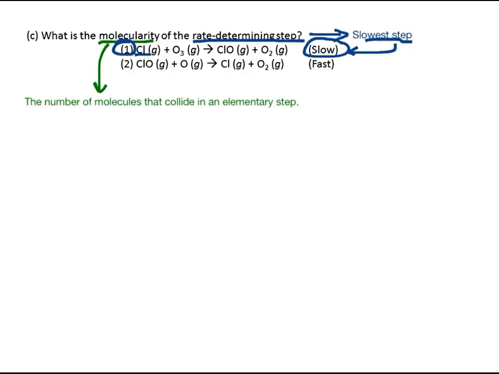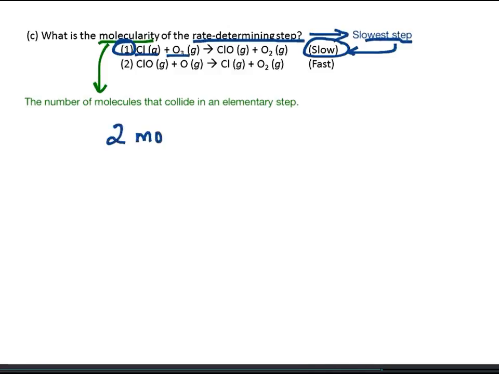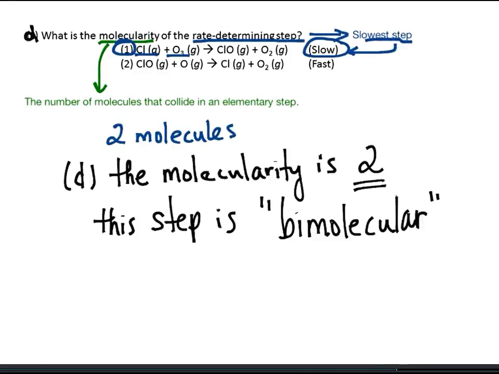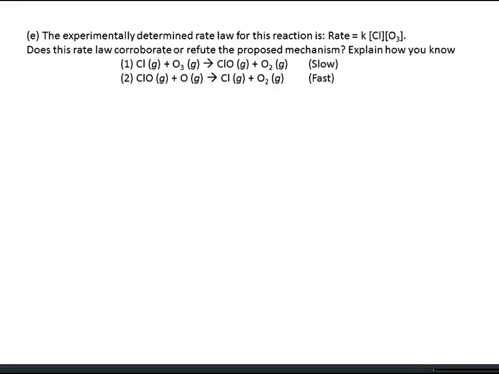That's 2 molecules total. 1 and 1 makes 2. You might also call it a bimolecular step. That was part D.